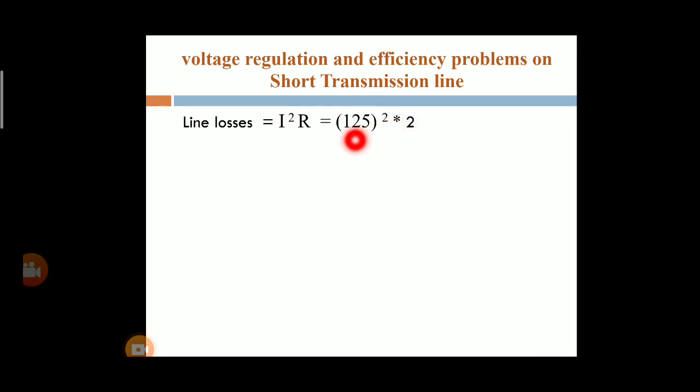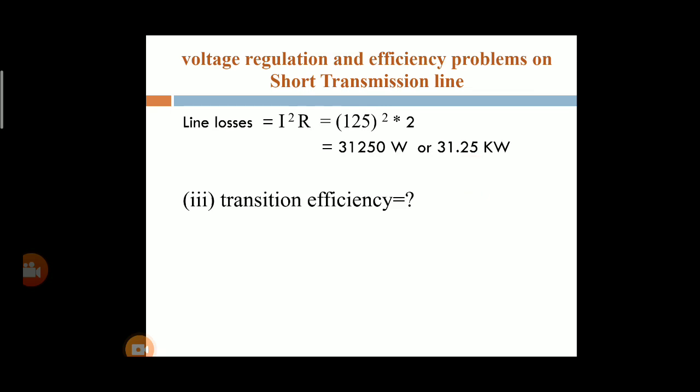Then by calculating these losses, we obtain 31.25 kilowatts. This is the line losses, and next we find out the transmission efficiency.